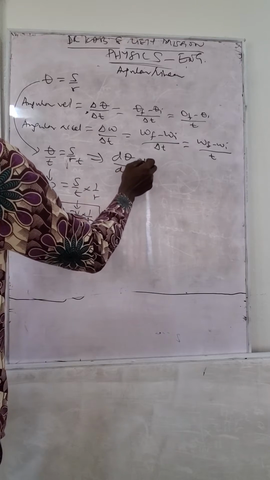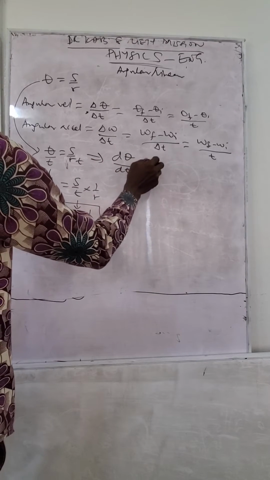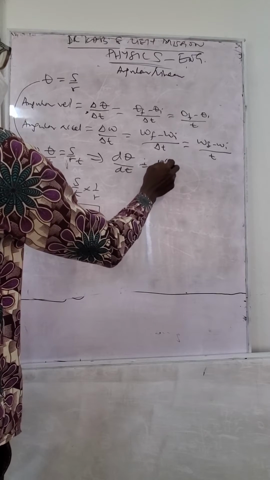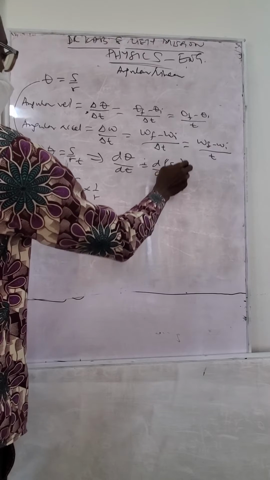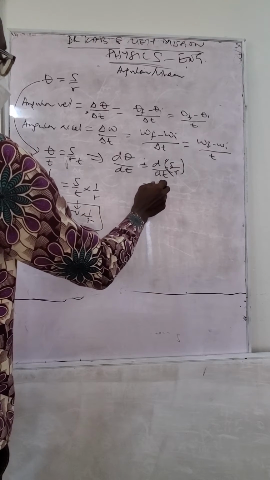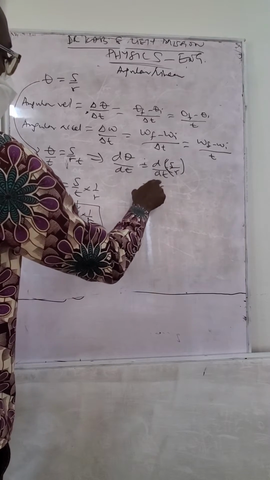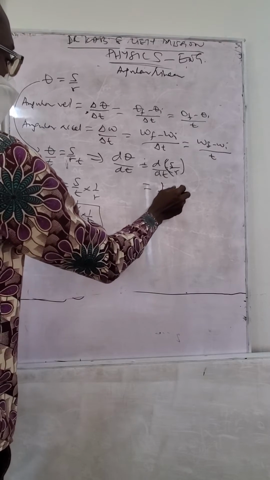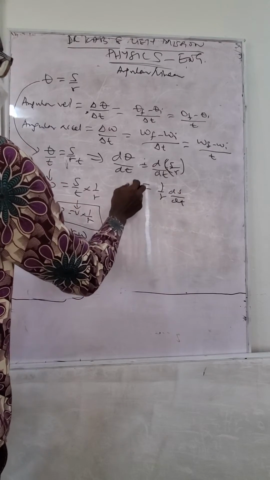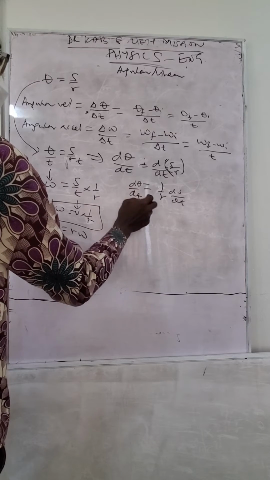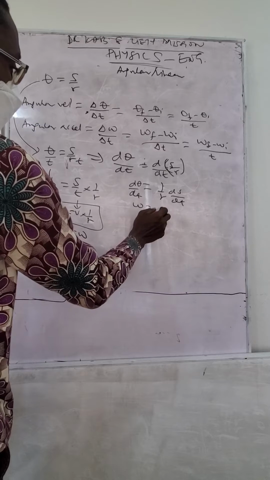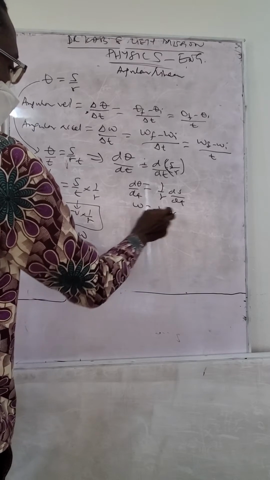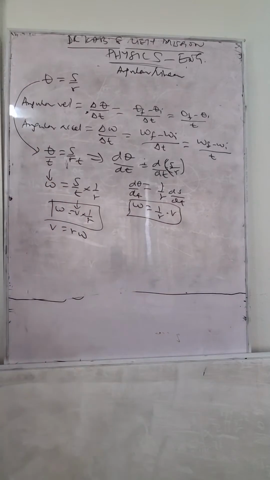Okay, then this will be equal to s over r, but we know r is constant, so it becomes 1 over r times s over t, theta over t. This becomes angular velocity, and this becomes 1 over r and velocity. That's it. It's the same thing, and then we get the answer.